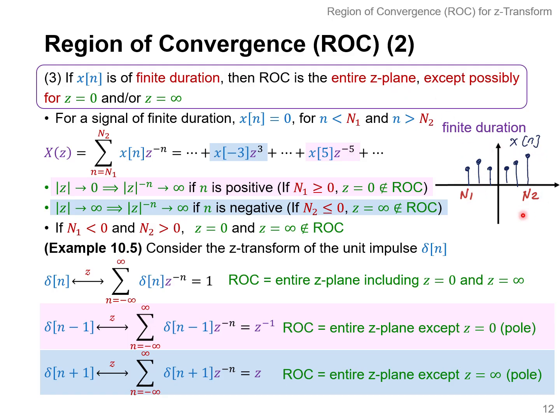But there may be 3 special cases. If the signal is non-zero only for non-negative n, this means n1 is greater than or equal to 0, then the ROC does not include z = 0 because the transform blows up at the origin.